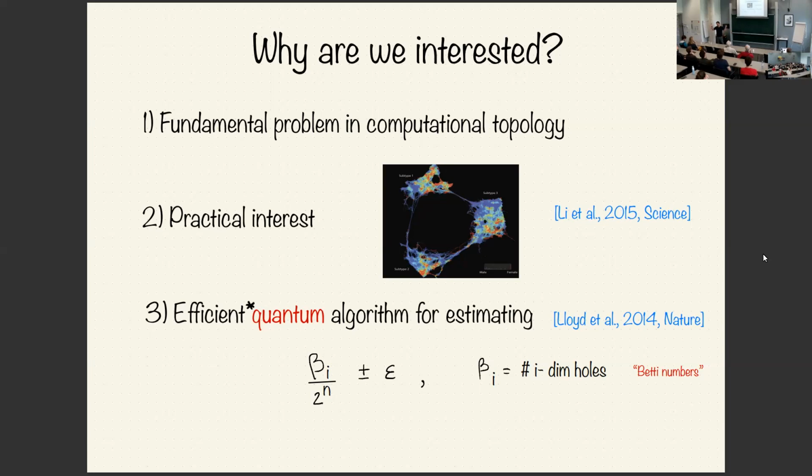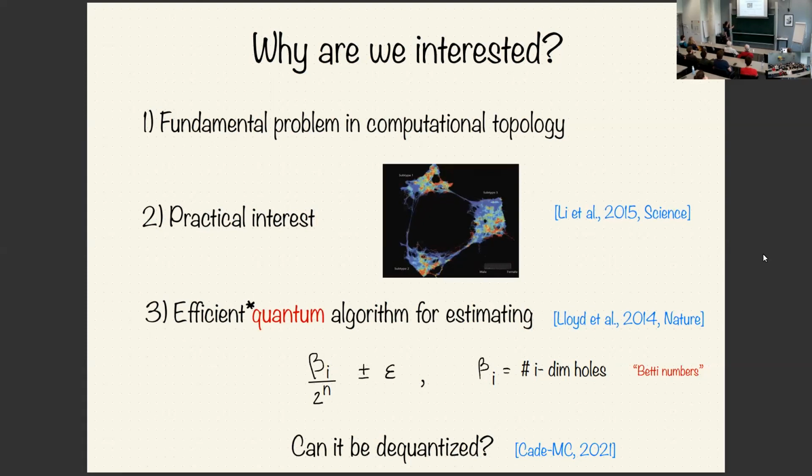It's not fantastic, but it's something. And as far as people know, there's no classical algorithm that achieves the same. This is a quantum algorithm by Lloyd and collaborators from 2014, and is under certain conditions efficient. Chris here in the audience has studied this and was one of my motivations for this work.